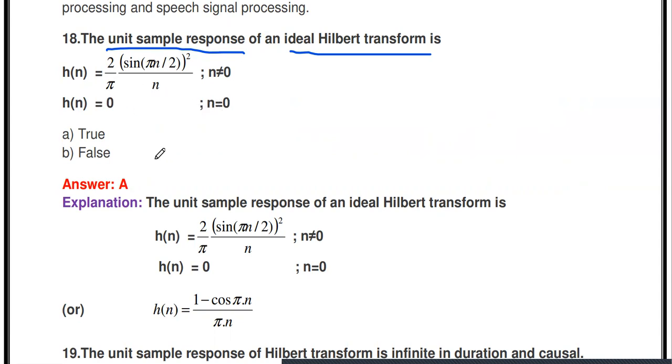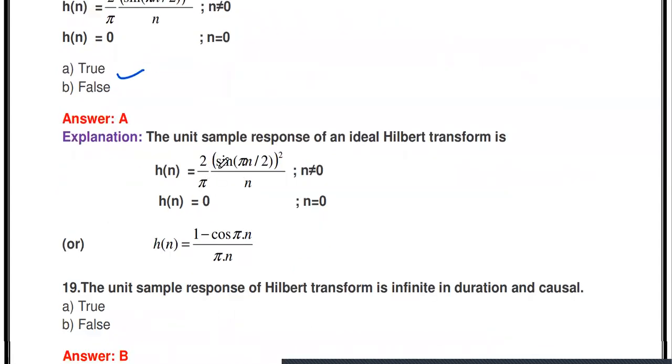Is this true or false? This is true. The unit sample response of the Hilbert transform is this one; you just remember it: 2 sine squared of pi n by 2, divided by pi n, when n is not equal to 0, and 0 when n equals 0. Or in terms of cos: 2 sine squared theta can be written as 1 minus cos theta.